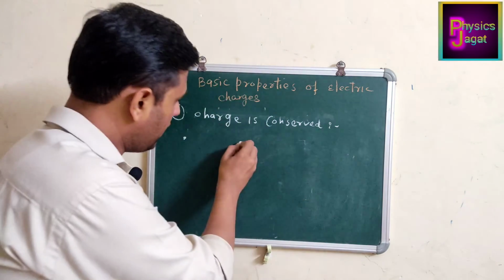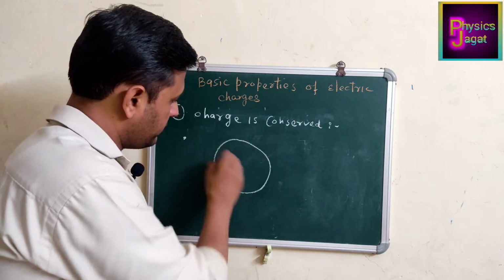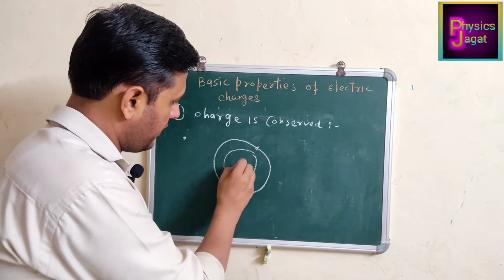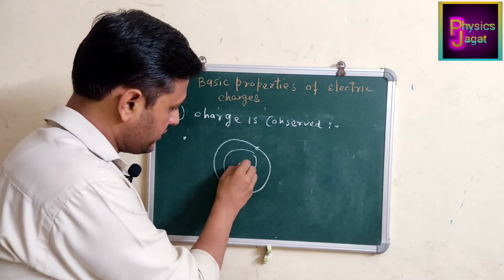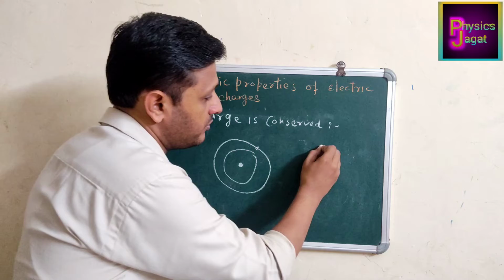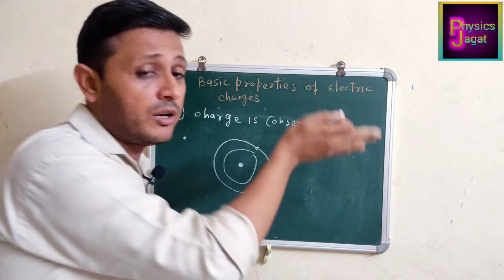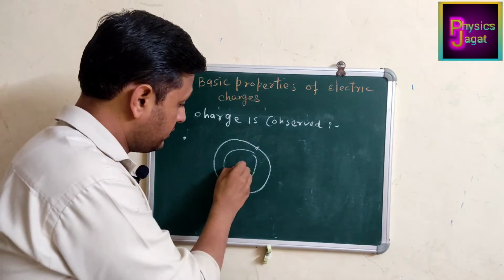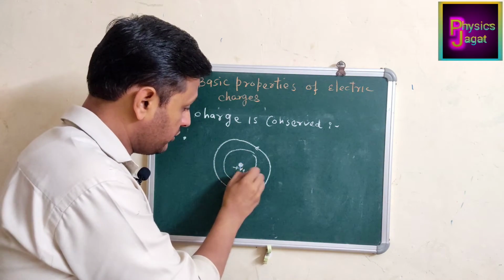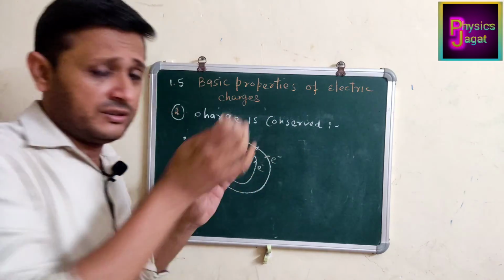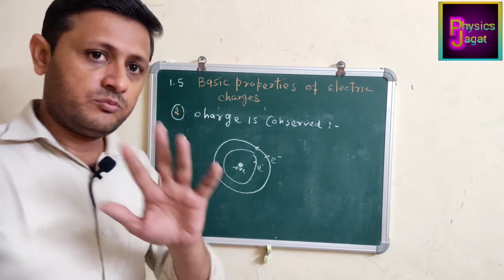As you know, in our atom there are orbitals of electrons, and in the center of the atom we have the nucleus, which has protons and neutrons inside it. That means the nucleus has positive charge and the negatively charged electron is revolving around it. This is the very rough idea of the atom that you know.